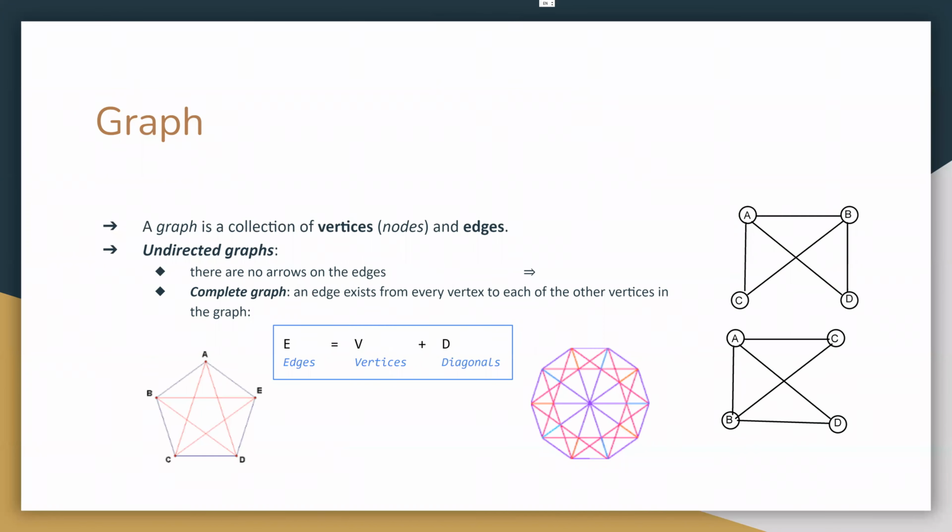So that means when you have this one in the upper right corner, you've got A, B, C, D, 4 nodes, and those lines connecting them.